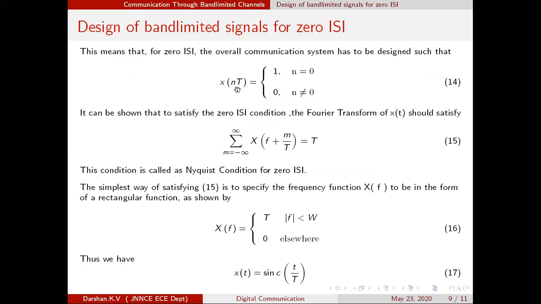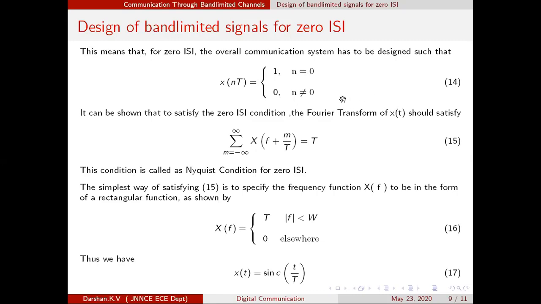X of nT. What does this nT represent? Sample values. So this is the 0th sample. At the 0th sample, what is the value of x? It is 1, and at all other sample values, the value of x is 0. This is what you are supposed to understand.